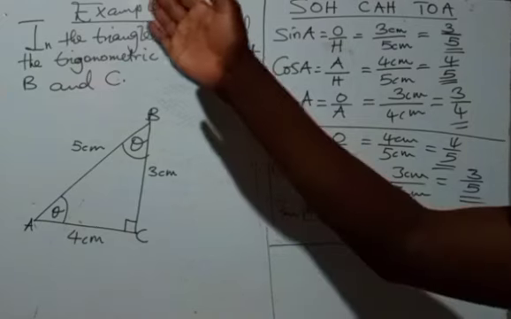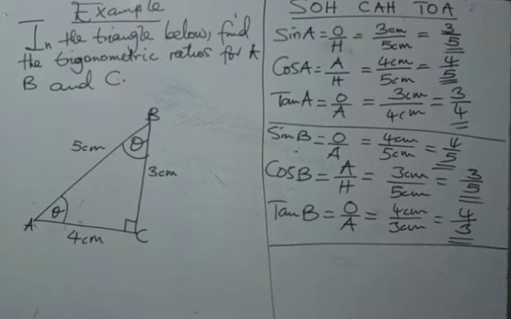The opposite of C is 5, and the hypotenuse again is 5. It will make sense, but it will just end on B. Otherwise, this is what we had. Maybe we can look at another example.